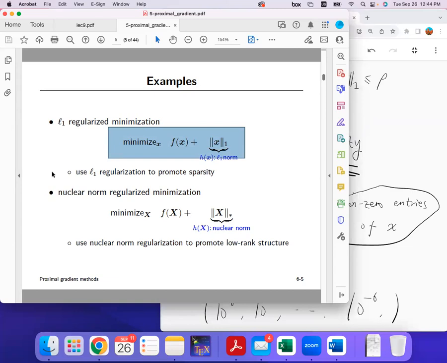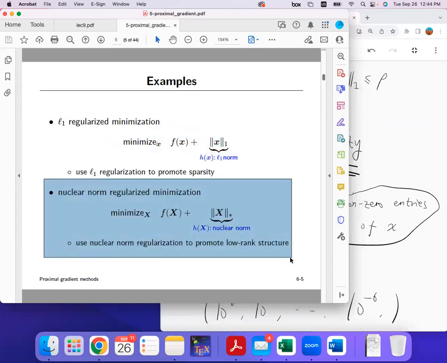Now, the other example that we will see in one of the homeworks later on is the nuclear norm regularization. Well, this is a matrix valued function F(X), where capital X is a matrix. And we are adding the nuclear norm of the matrix as a regularizer. So the nuclear norm, recall the definition, is the L1 norm of the singular values of this matrix.